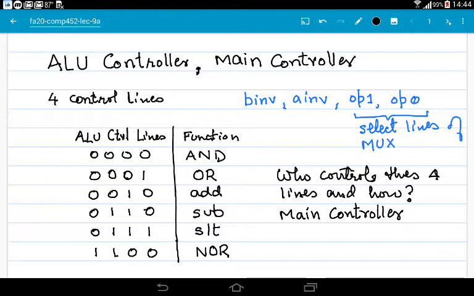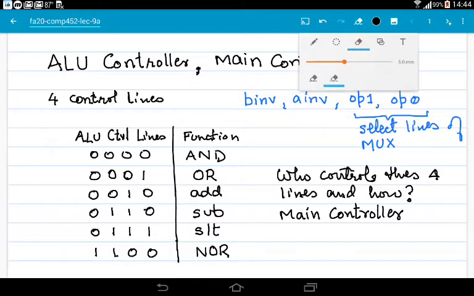Actually, I shouldn't have said that the main controller controls these four lines. Actually, this is not correct. So let me erase it. This is a very misleading statement.